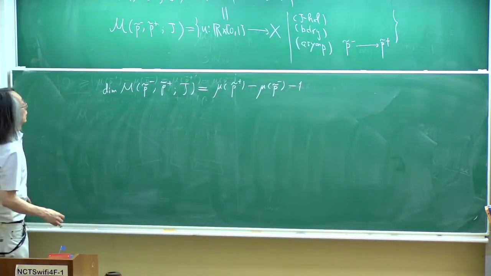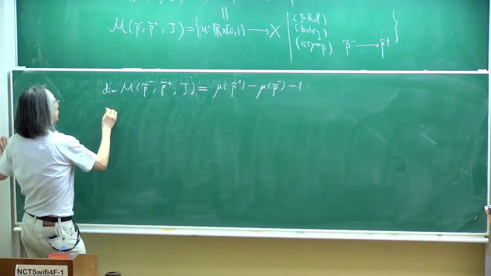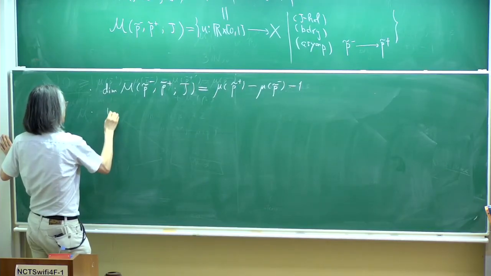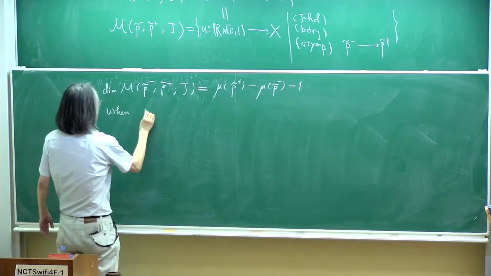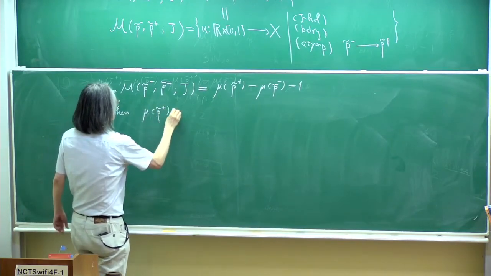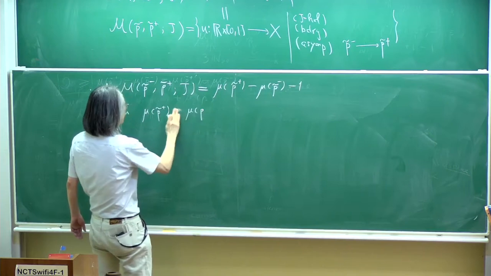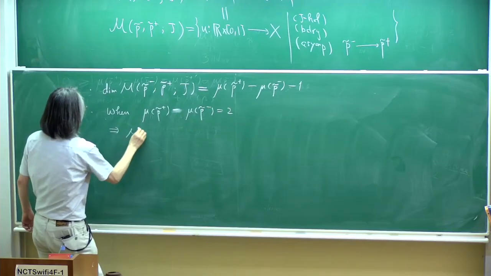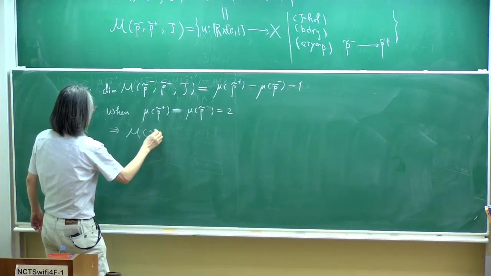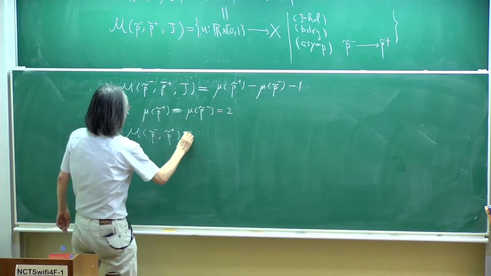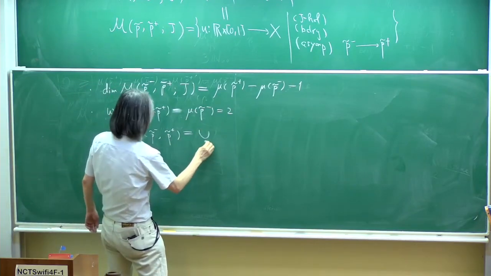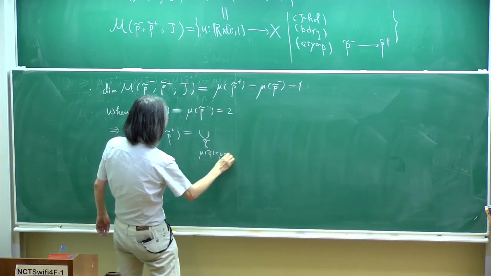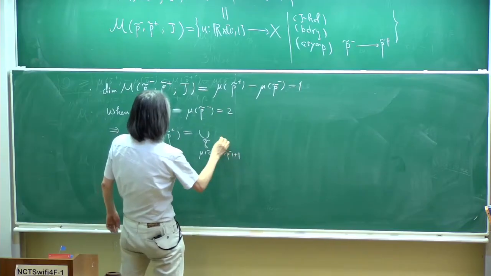So if mu(p tilde plus) minus mu(p tilde minus) is equal to 2, then this M(p tilde minus, p tilde plus) has, after the union over q tilde with mu(q tilde) equal to mu(p tilde minus) plus 1, the boundaries.